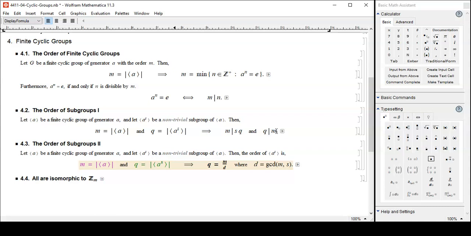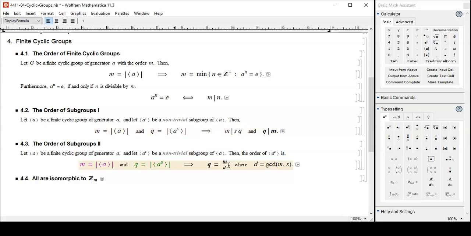Is this a stronger version of this? Do you see that? Well, I hope at least you see one of the two. Q divides M, which actually means M is some integer times Q, versus this one here.